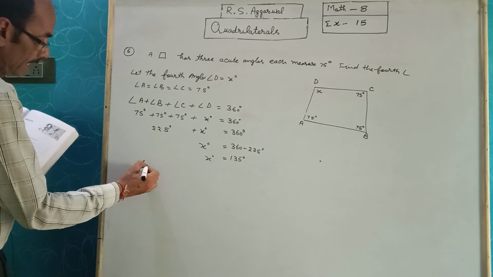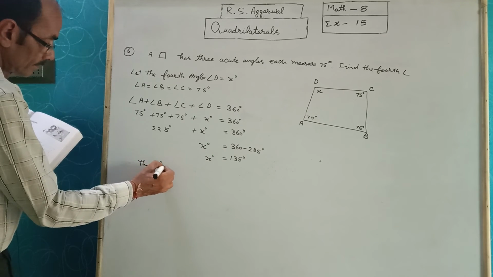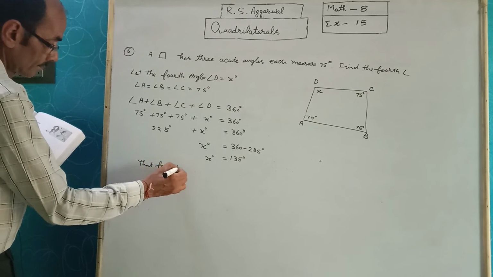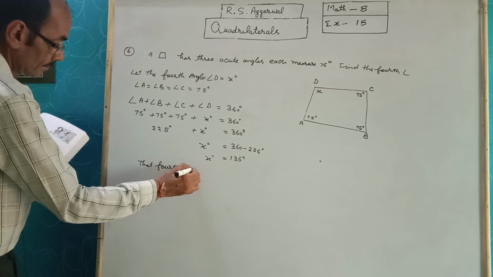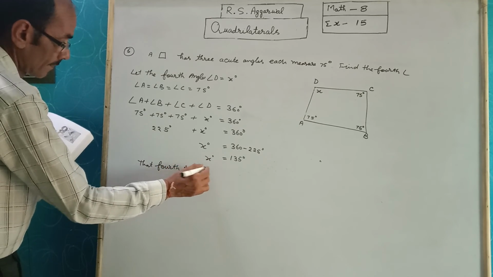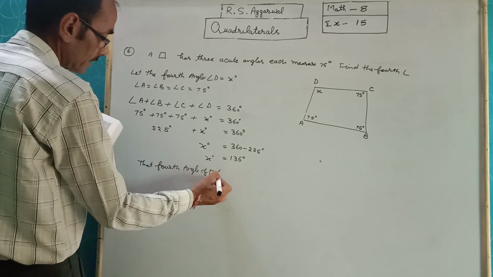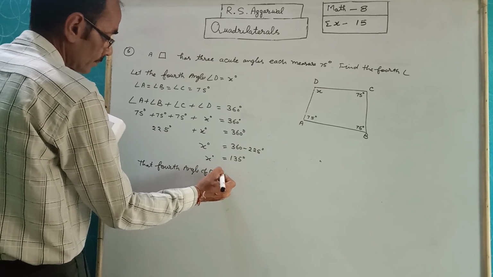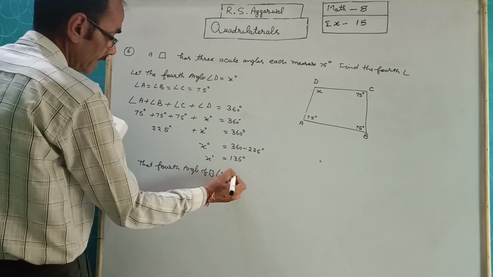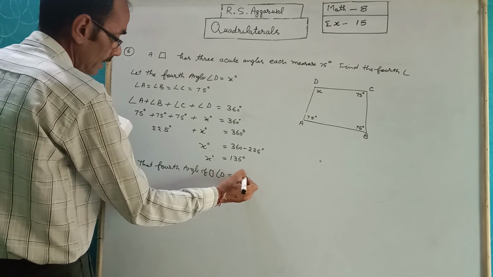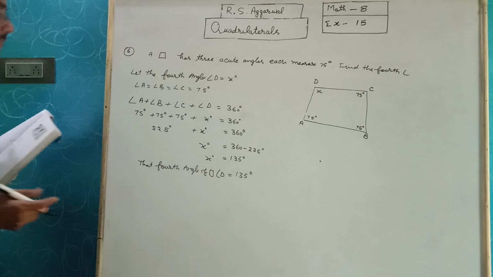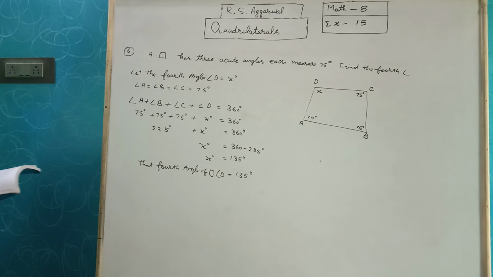That fourth angle of the quadrilateral, I mean angle D, is 135 degree. Question number 6 is complete. Thank you.